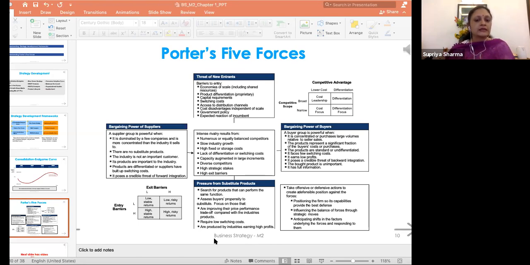So all these parameters need to be seen when it comes to intense rivalry. There will be intense rivalry, and we are able to gauge it by looking at all these parameters, that what kind of competition I'm entering into.